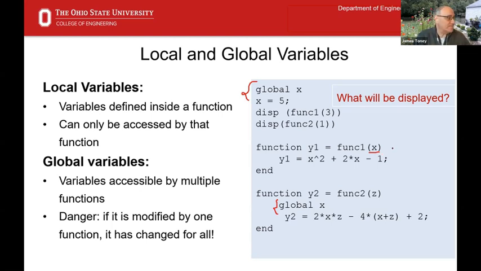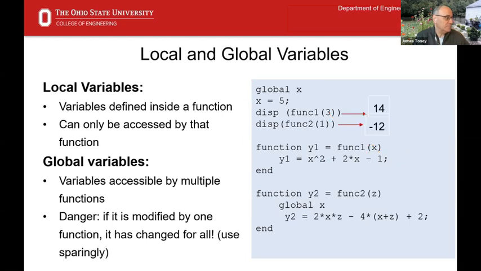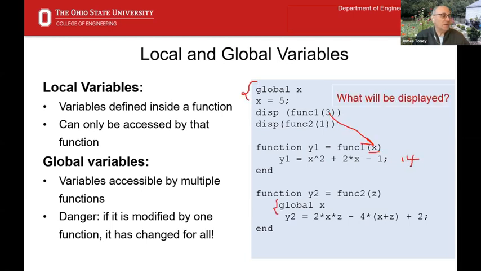Right? All right, so what happens here if we call func1 and we pass it the number 3? Well, that's going to go into this function's argument x. So x is going to be 3, and you get 9 plus 6 minus 1 is 14. Okay, just had to check my arithmetic there.